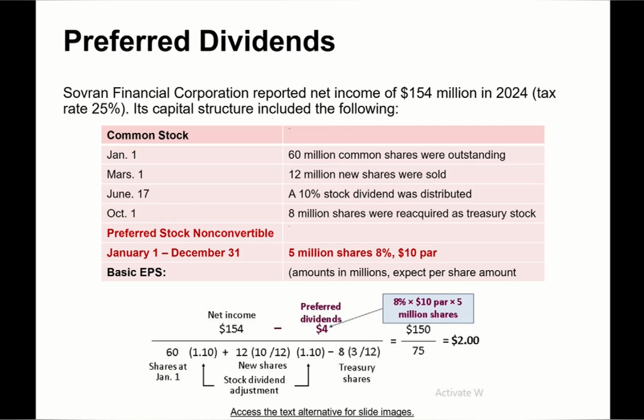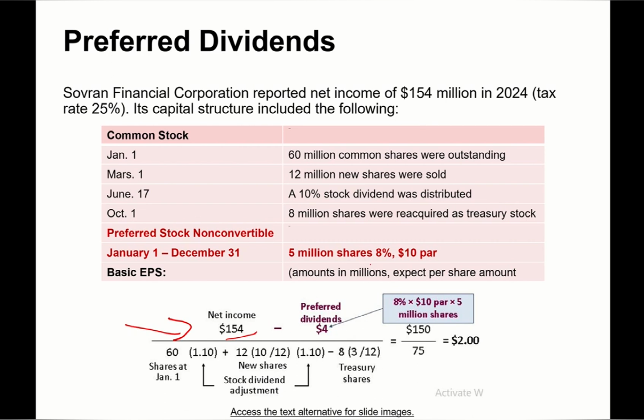Same company, same situation. If it has non-convertible preferred stock from January 1st to December 31st, 5 million shares, 8%, $10 par value, the effect on the earnings per share will be, let's see, the numerator, the net income is still 154 minus the preferred dividends.